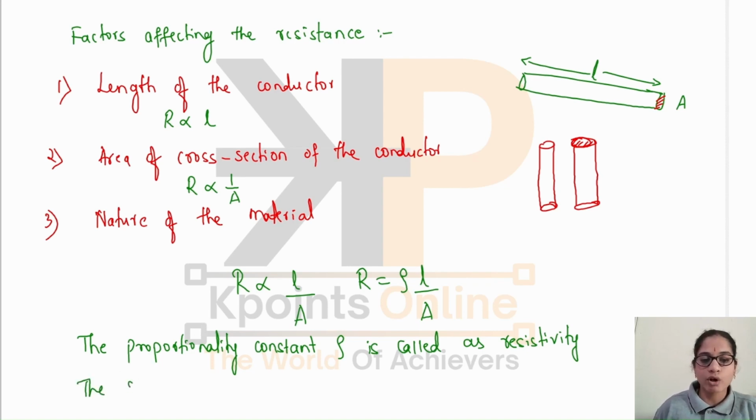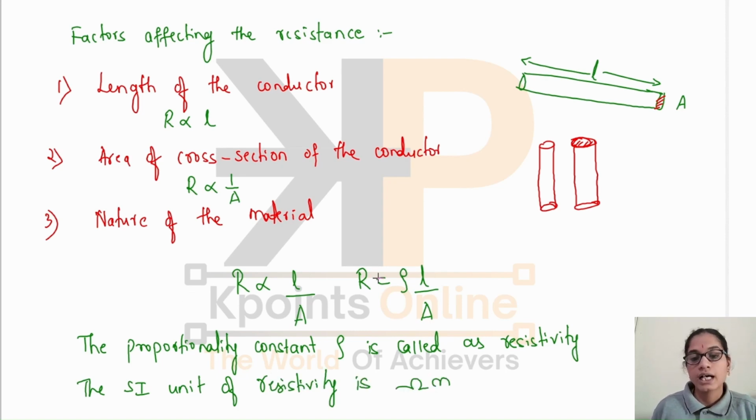The SI unit of resistivity is ohm meter. And this resistivity is the characteristic property of the material. Also, this resistance and resistivity are dependent on temperature also. You have to keep this in mind.